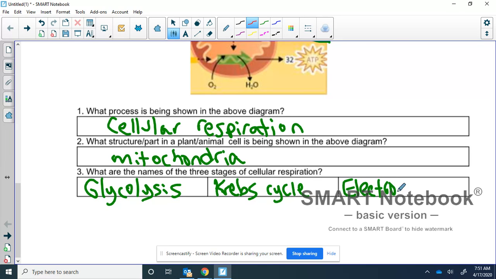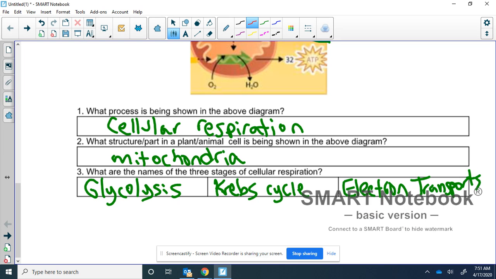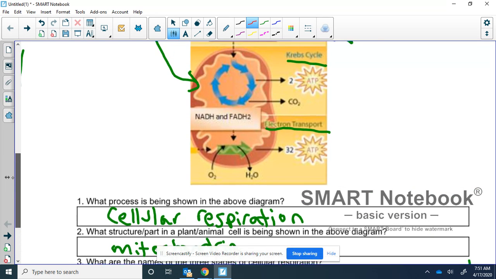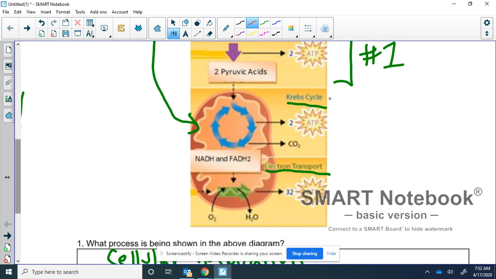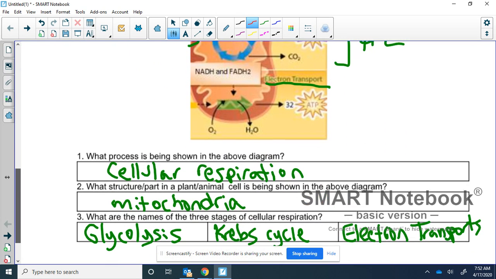And electron transport, if I got into the nitty-gritty details, it has to do with electrons and moving electrons around. Okay, so 3 stages. Stage number 1, stage number 2, and we got stage number 3.